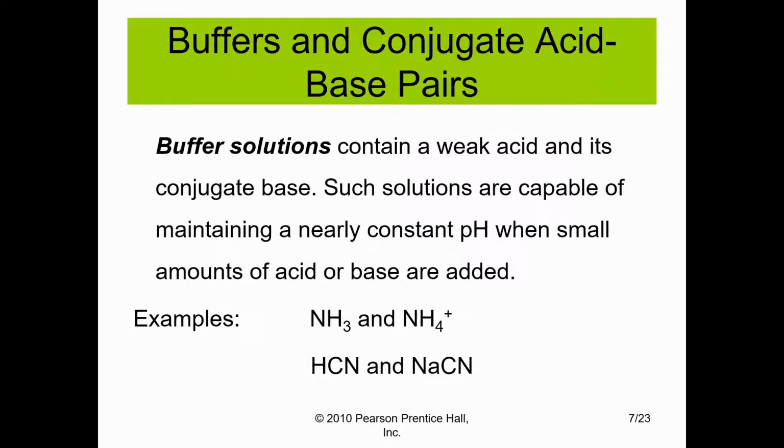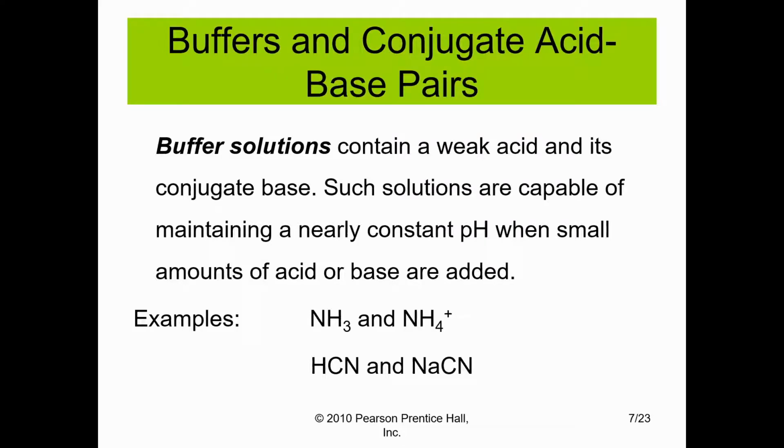A buffer solution is a solution that contains a weak acid and its conjugate base. These solutions are extremely important in nature because they allow for a system to maintain nearly a constant pH when acid or base is added to the system.